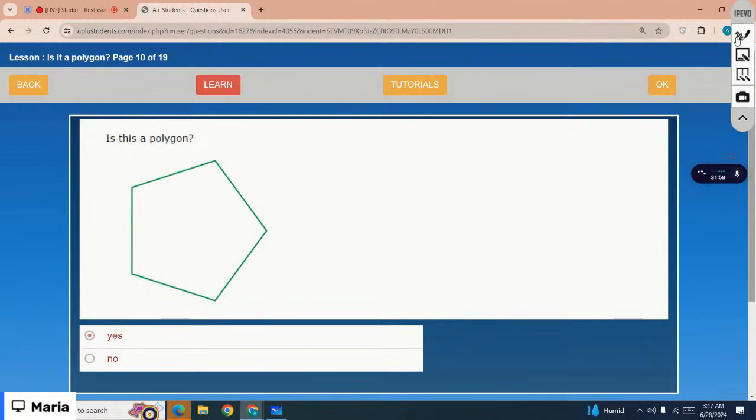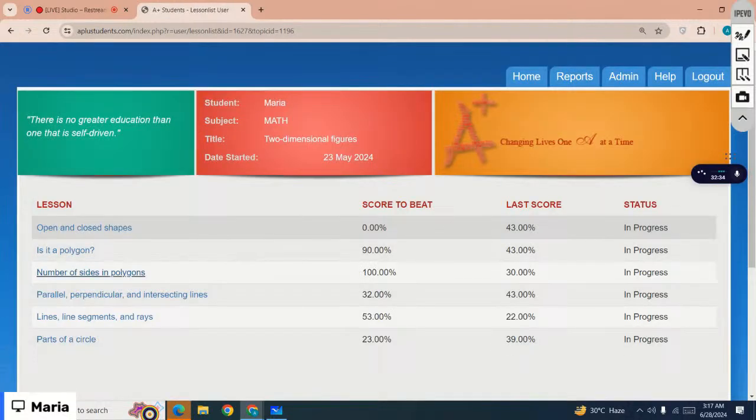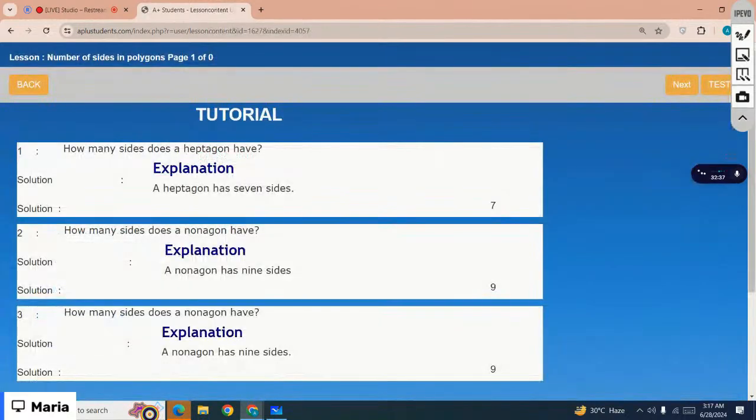The correct option is yes. Okay, you can complete the lesson by yourself later today. Let's just move on to the next lesson, right? The next lesson is number of sides and polygons. Let's just start with the next lesson.